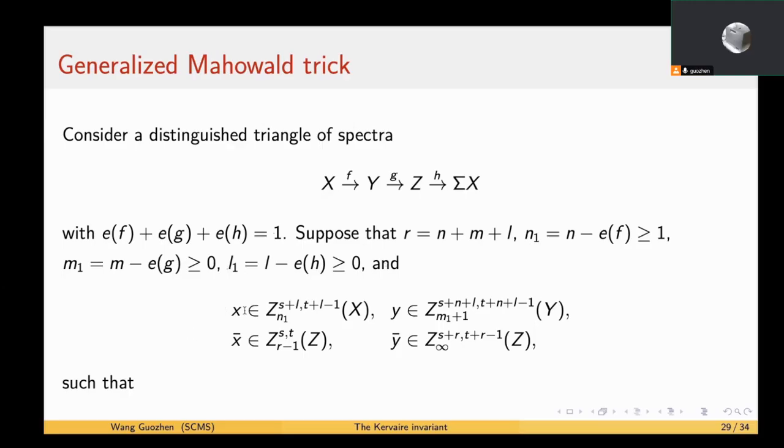And we suppose x lies in the Adams spectral sequence, which is an n1 cycle, lying in Z n1 of s plus l, t plus l minus 1 of X. Y lies in Z m plus 1 of s plus n plus l, t plus n plus l minus 1 of Y, so y is an m plus 1 cycle. And x bar lies in Z r minus 1 of Z, so x bar is an r minus 1 cycle in Z. And y bar lies in Z infinity of s plus r, t plus r minus 1 of Z, so y bar is a permanent cycle in Z.